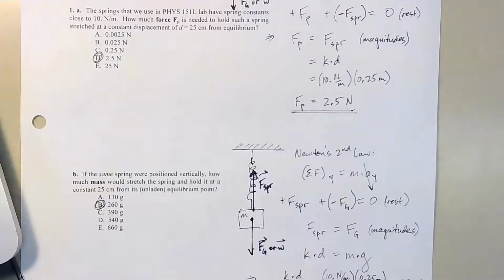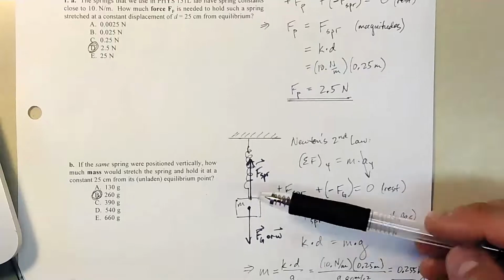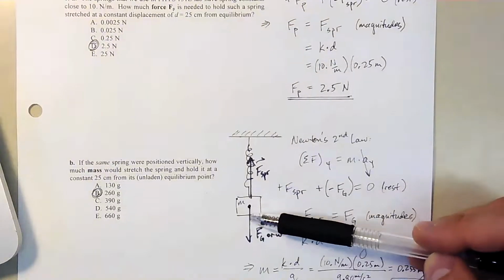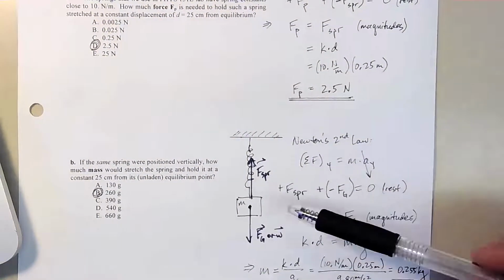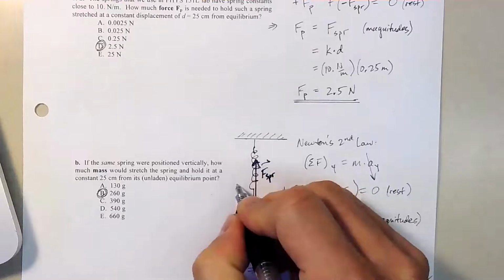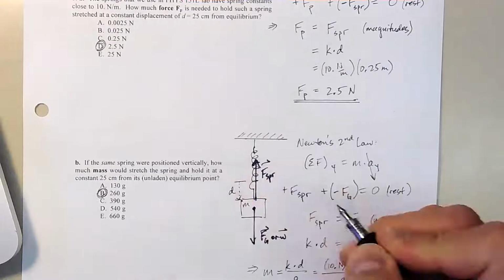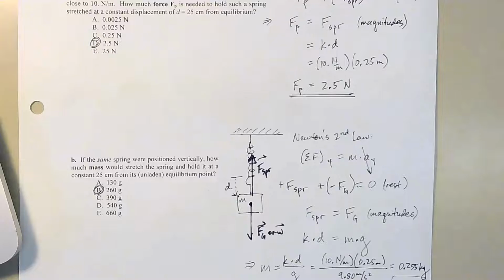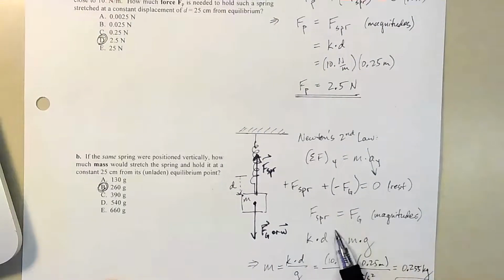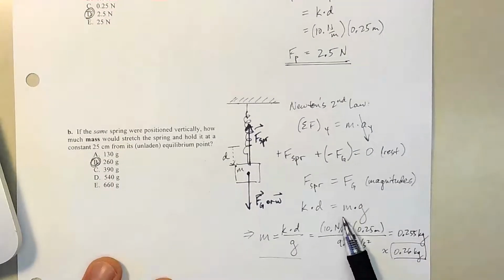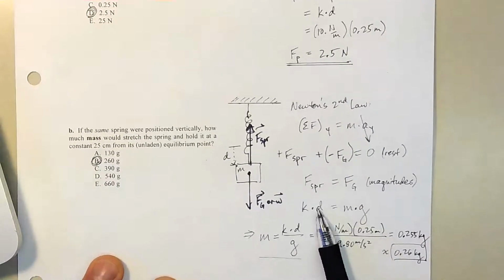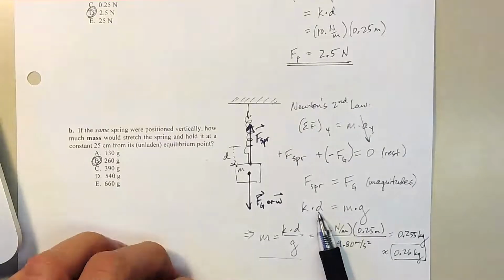It's not touching any surface, right? It's not in contact with the surface. And in this case, it's the weight of the mass that has displaced the spring by some amount d from its original equilibrium position. So at this new equilibrium, we can find out how much mass it takes to displace this spring by an amount d from its unladen equilibrium point.